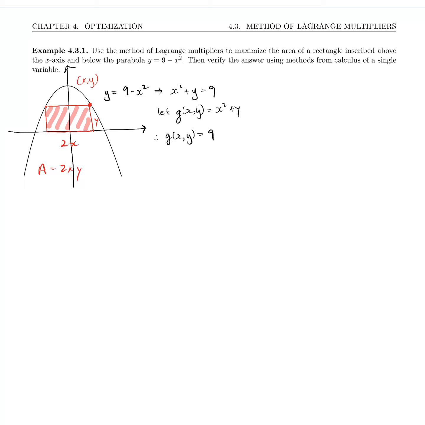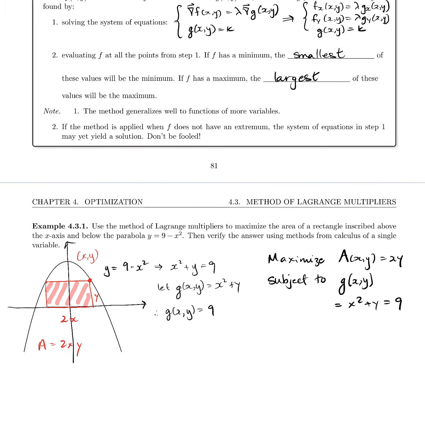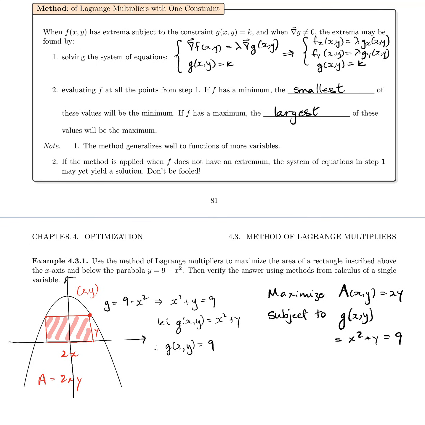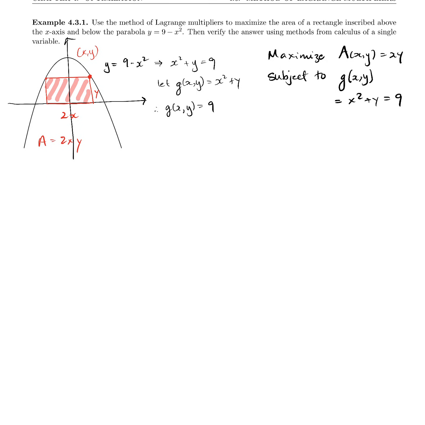So what we really want to do is maximize the function A of x y, which is 2xy, subject to the constraint g of x y. So let's do that by following the method that we just saw above. We're going to create a system of equations by setting the two gradients equal and using our constraint curve. So let's calculate the two gradients. Oh, a little mistake in my area: 2xy.